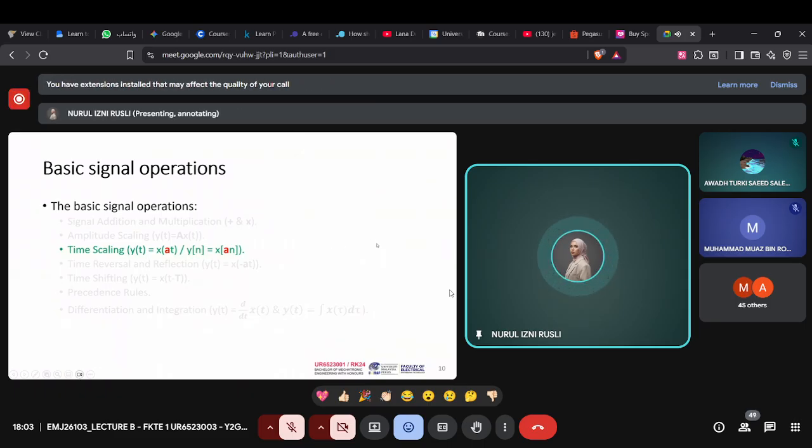So I did the introduction on the basic signal operations in the last lecture, whereby you learned about additions, multiplications, simple operations for signals. Second, you learned amplitude scaling.